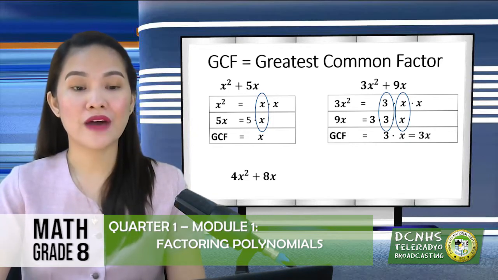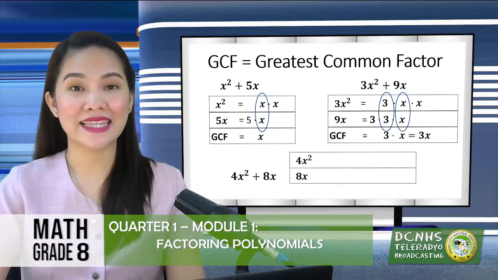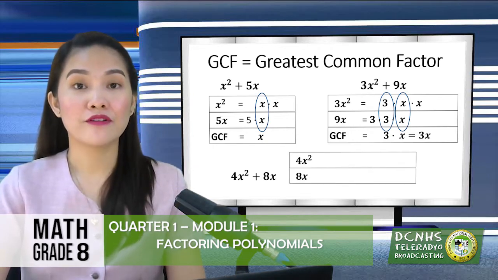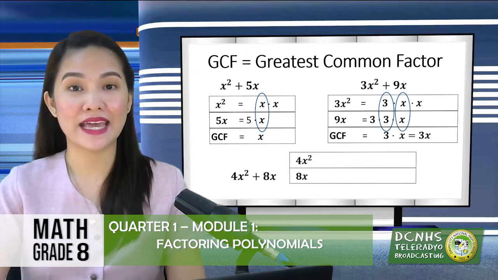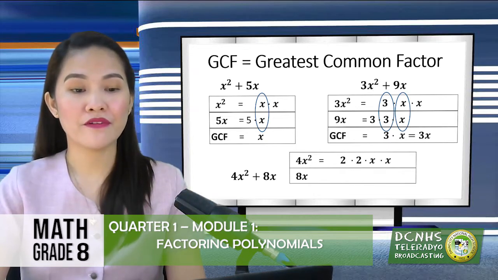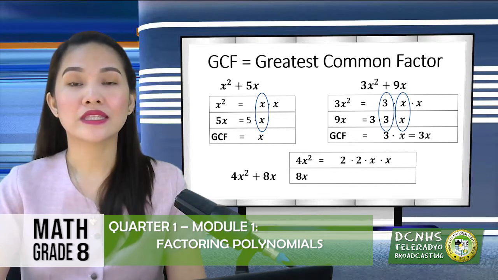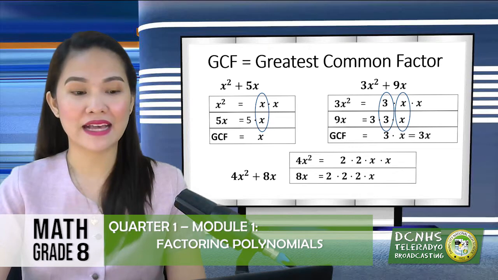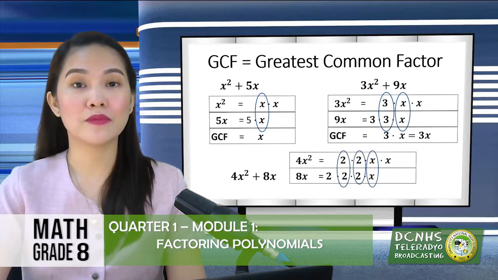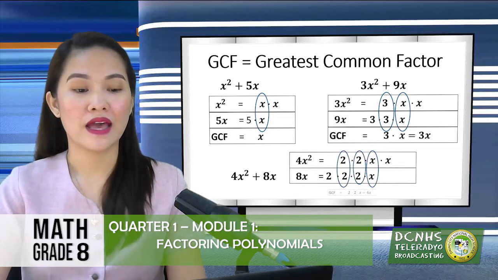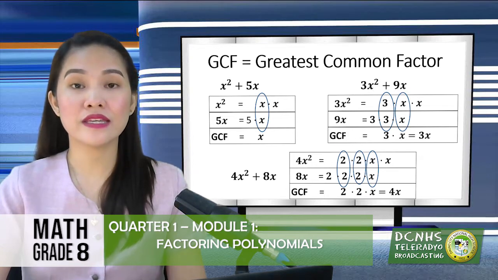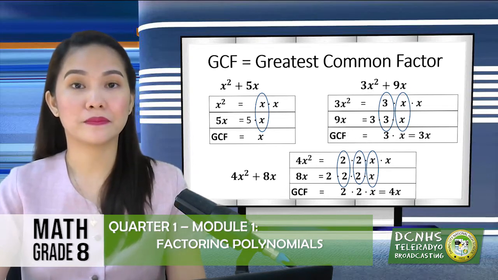Lastly, find the GCF of 4x squared plus 8x. Factor 4x squared and 8x. The prime factors of 4x squared are 2 times 2 times x times x, and the prime factors of 8x are 2 times 2 times 2 times x. Align the common factors. The GCF is 4x.